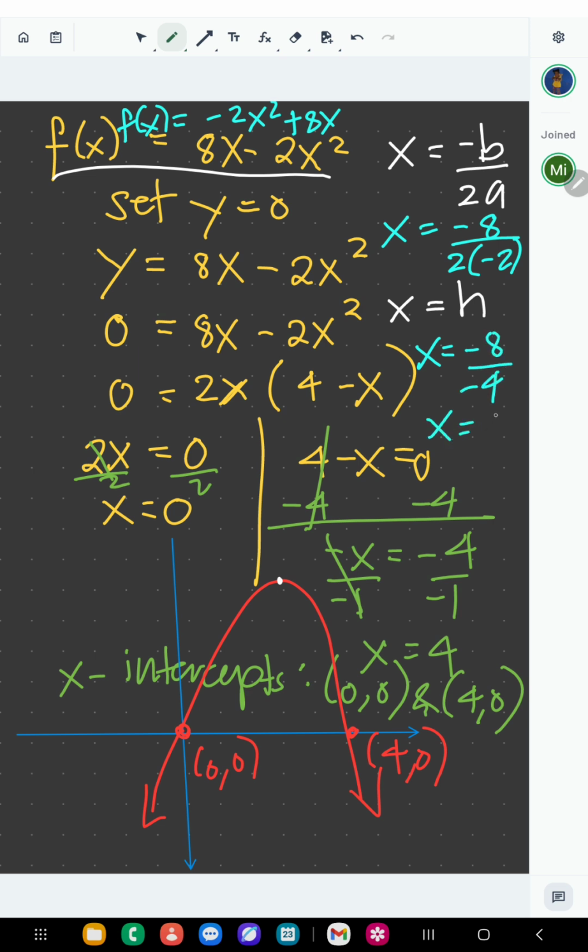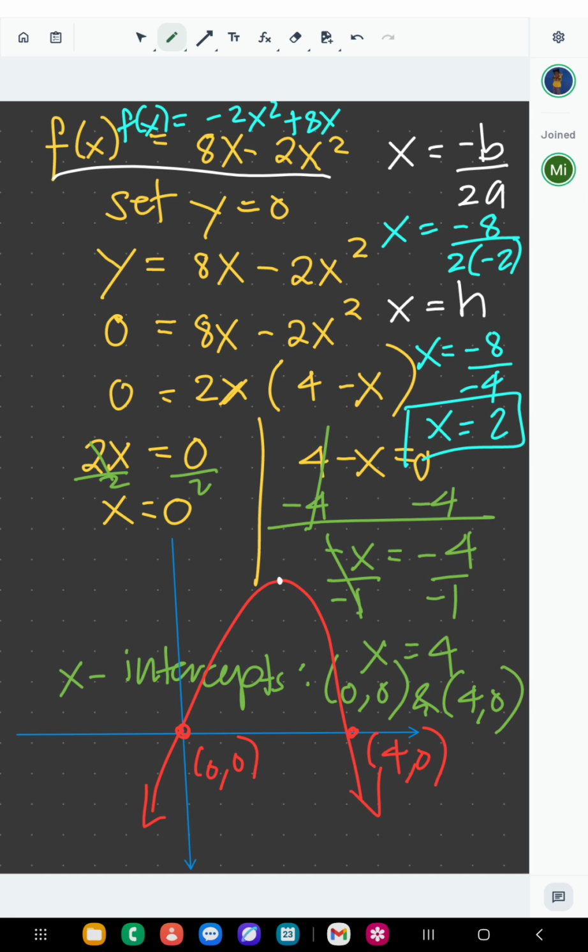Then the axis of symmetry is equal to positive 2. Okay, you got that? No questions? Okay. So that is one of the values.